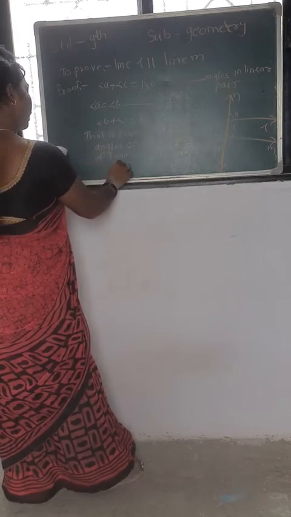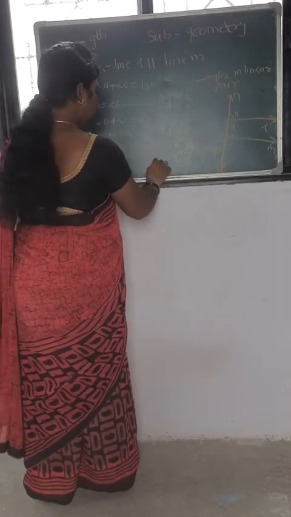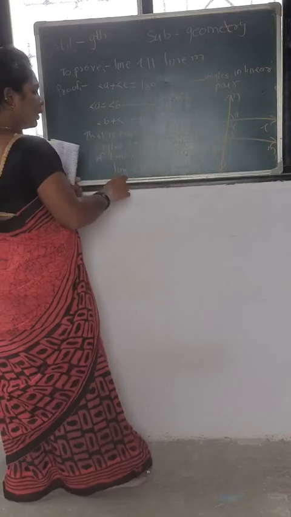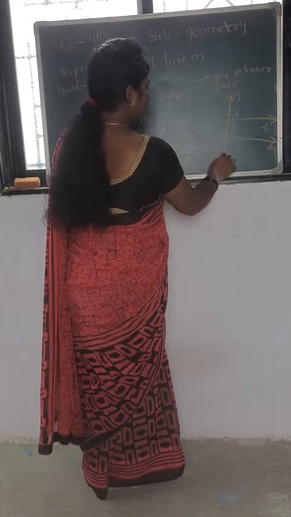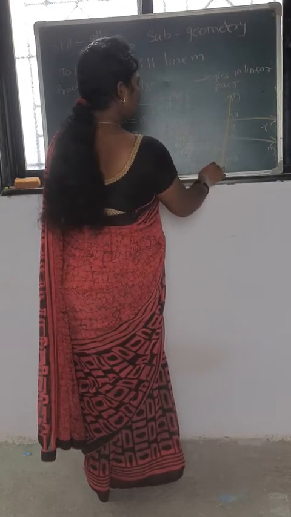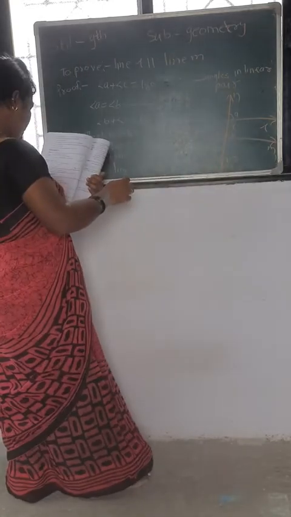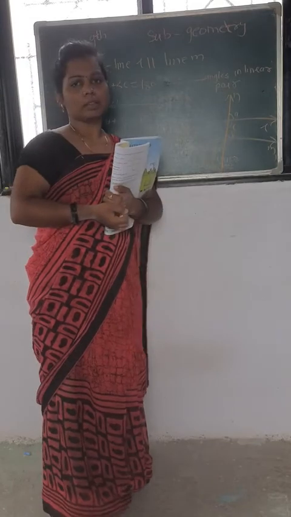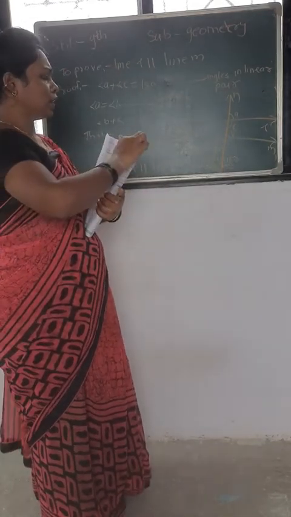Therefore, line L is parallel to line M. The reason is the interior angle test. This property is known as the corresponding angle test.